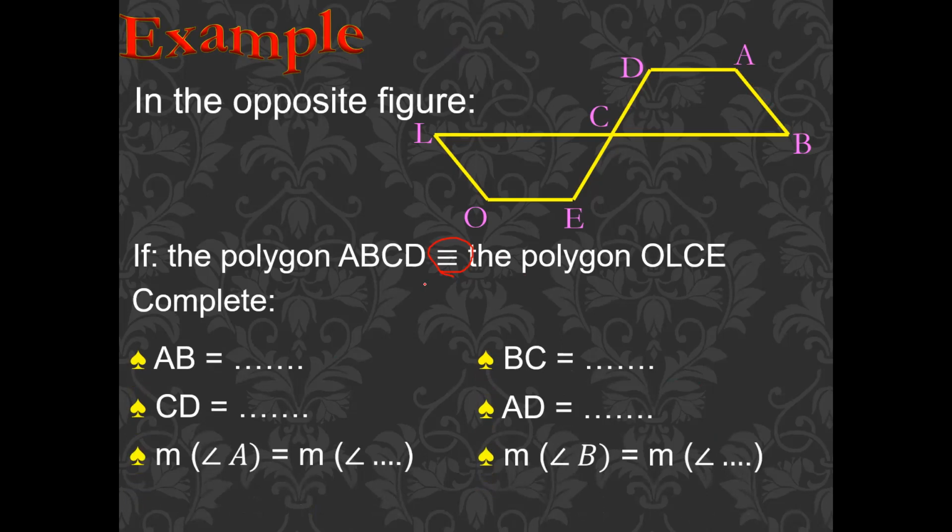AB equals what? If the two polygons are congruent, then the length of the side will be equal to the corresponding side in the other polygon. So to find the side which is congruent to AB, don't look at the two polygons, look at the names of the two polygons.